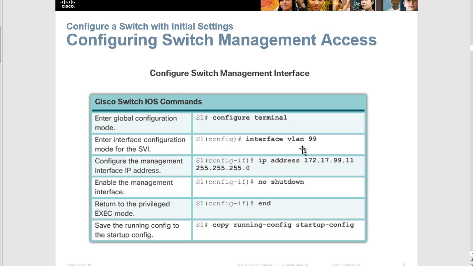So in this example, I know we've been using VLAN 1, but they're using VLAN 99, which is fine. They give it an IP address, subnet mask, no shutdown to bring it up, and end. They'd probably also want to type in ip default-gateway if there was a default gateway to access to manage that switch remotely.